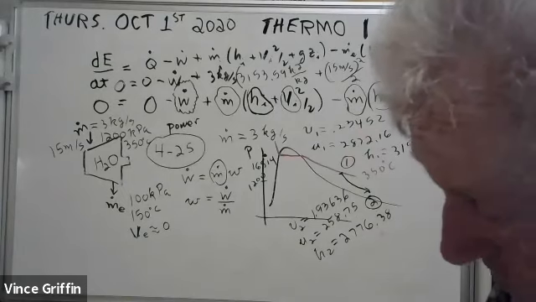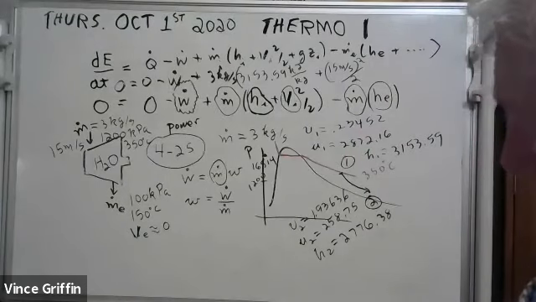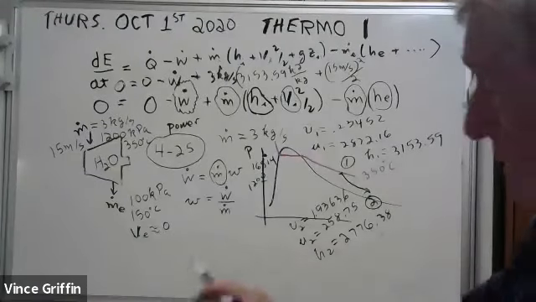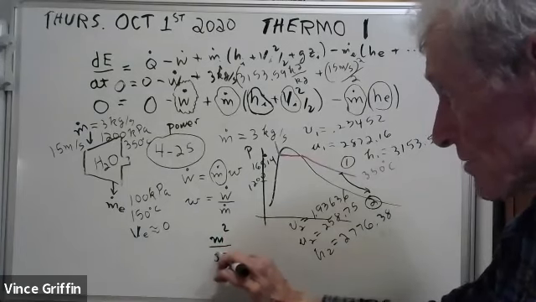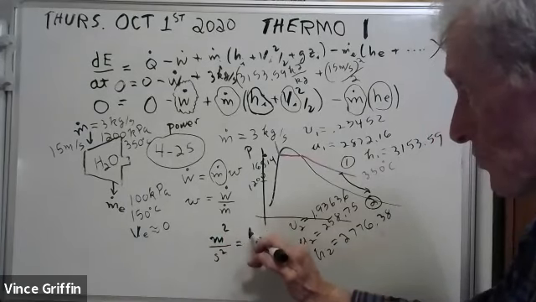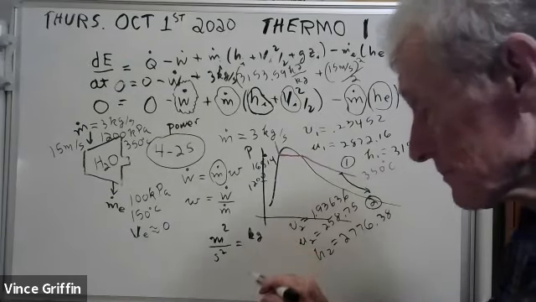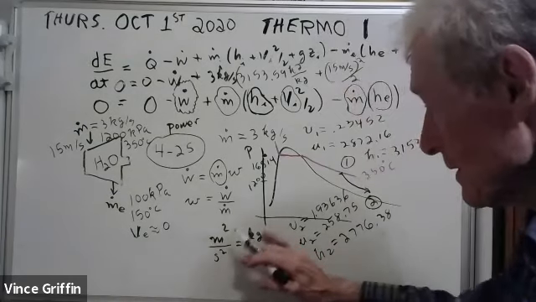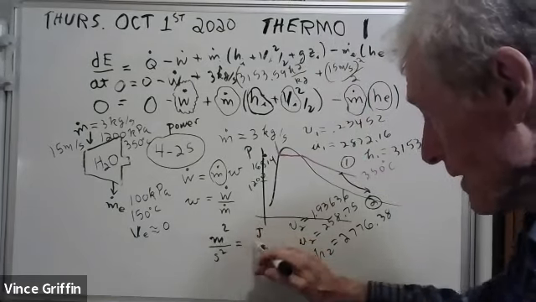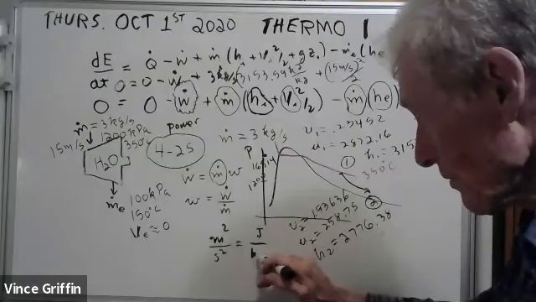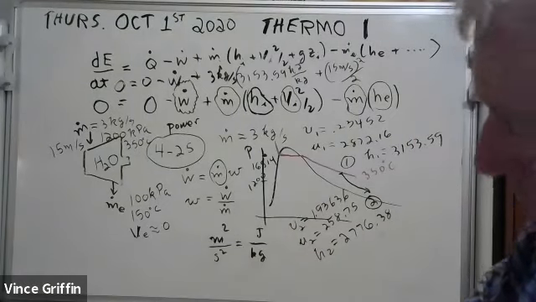Now, we were showing you guys this the other day. You have to divide by 1,000 because a meter squared per second squared is equal to a joule per kilogram, and what we want is kilojoules per kilogram.